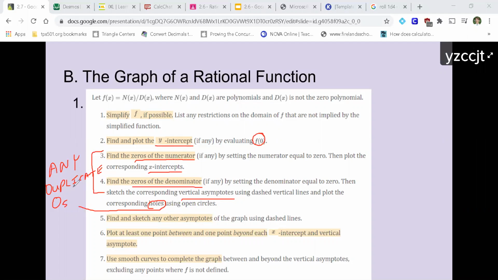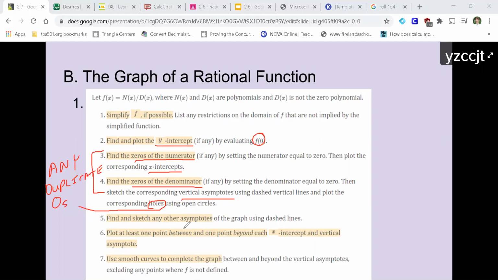So basically after you've crossed out any duplicates, the remaining numbers in the numerator are your x-intercepts, and the remaining numbers for your denominator are the vertical asymptotes. Step 5, you need to check for any other asymptotes.